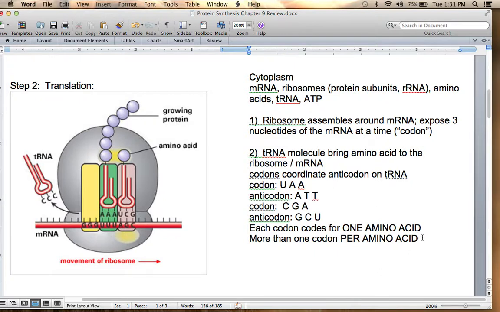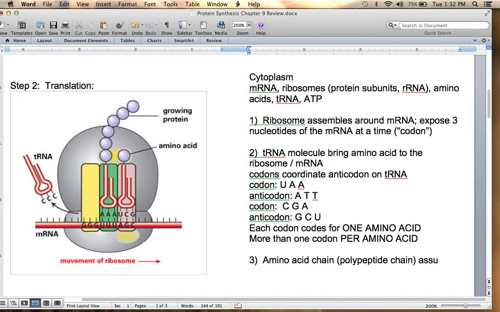The third part of translation is after all this has happened, after all of the strand of messenger RNA has gone down, they've added amino acids, and this protein has grown from all of the amino acids being assembled. Once that occurs, we'll call it an amino acid chain, a polypeptide chain.